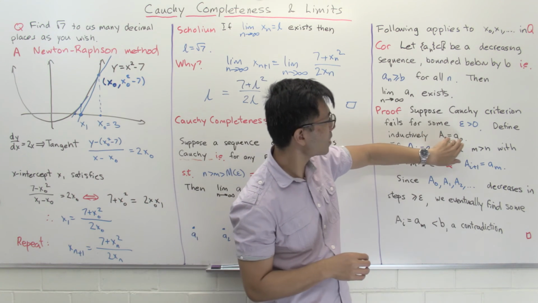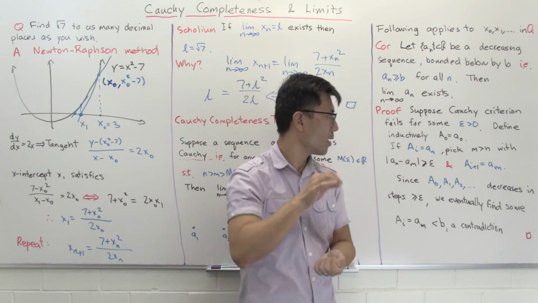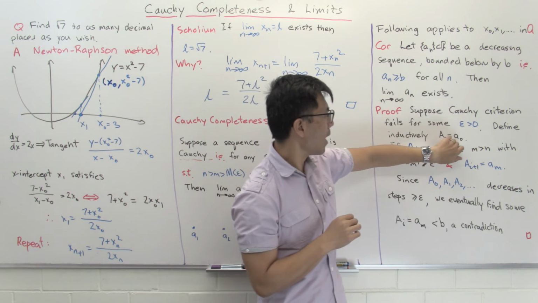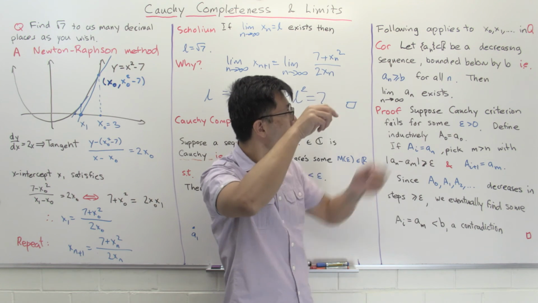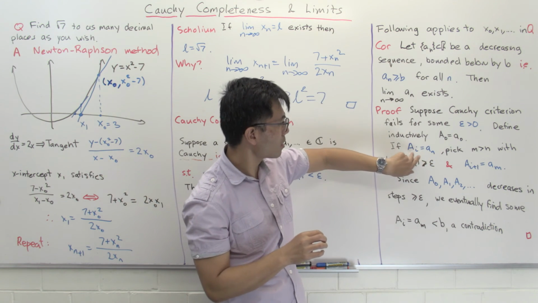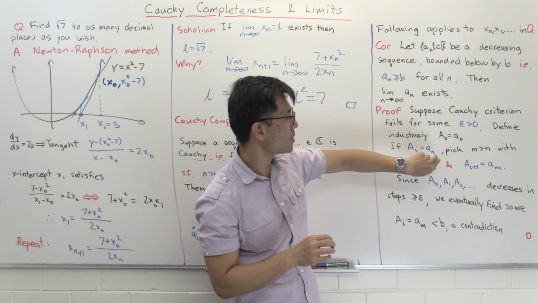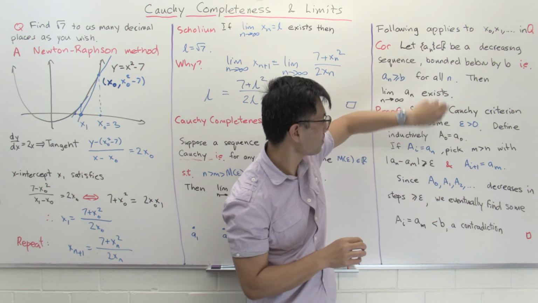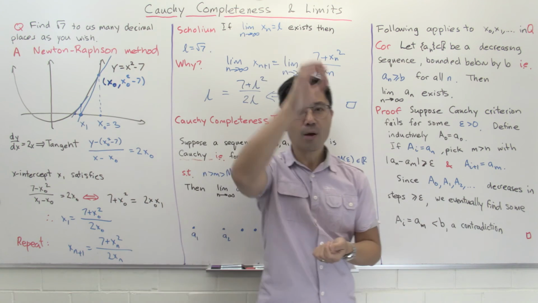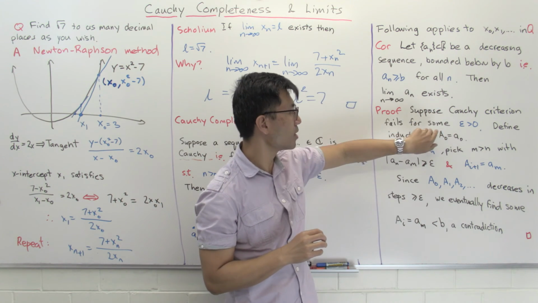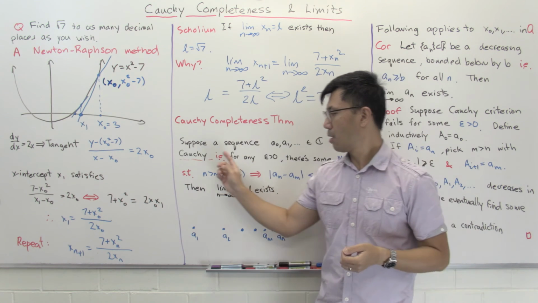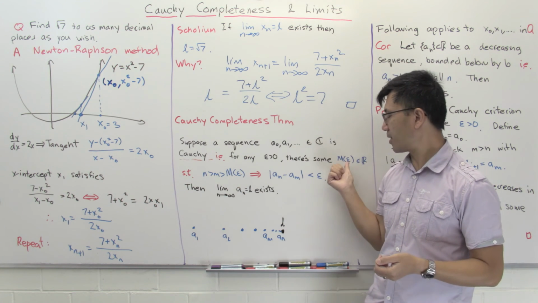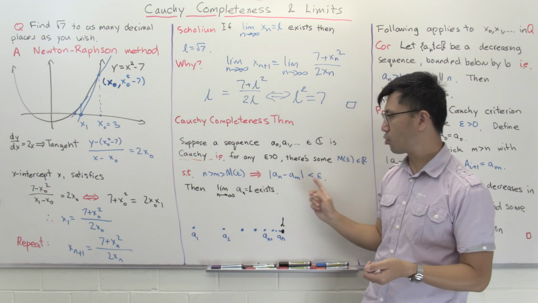The first one we'll pick is we'll start with A0, and we're going to keep picking some of the numbers from this sequence. Suppose the ith one here, capital Ai, is equal to the nth element in the original one. Then we're going to use the fact that this Cauchy criterion fails for this epsilon. So it's not true that you can find an m epsilon for which this is true.